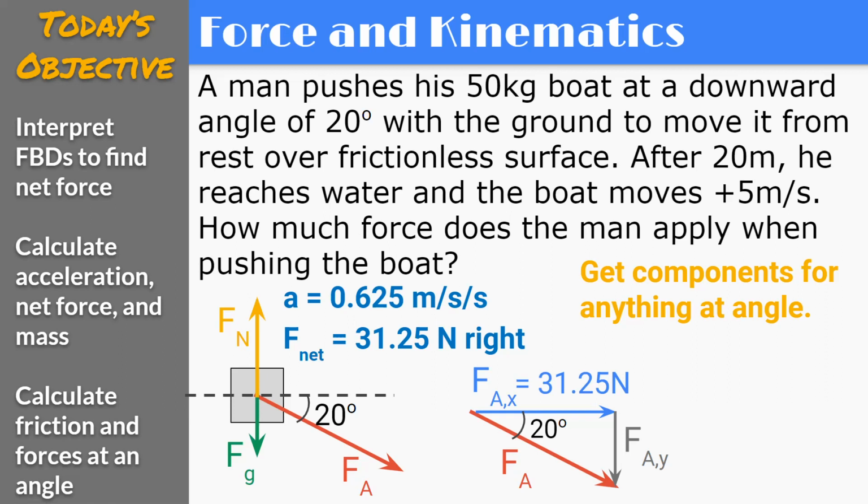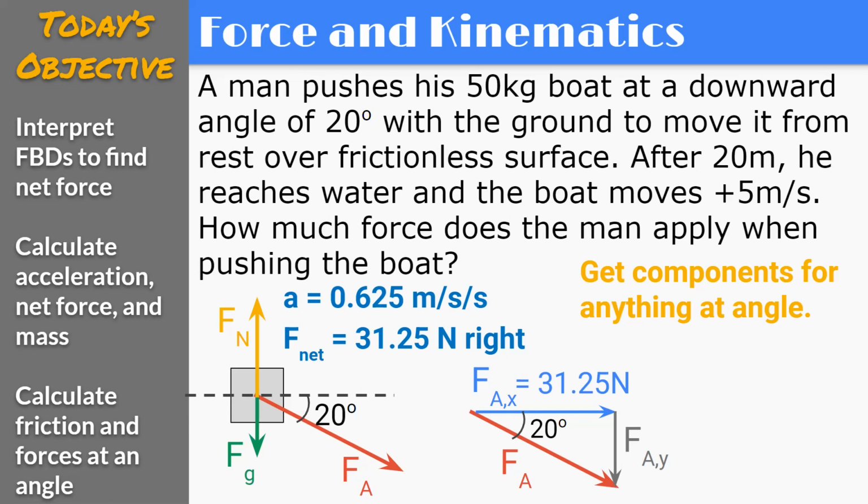It's not at an angle. Only that part was used for the acceleration. So this time I know the angle and I know the adjacent side. I can use that to find the other two sides. Now ultimately I want to find FA, because that's this question, how much force does he apply when pushing the boat? That would be the diagonal one.